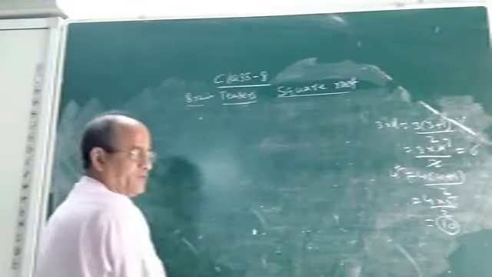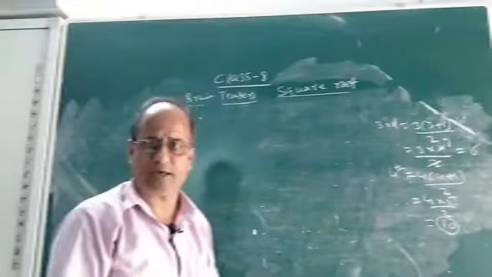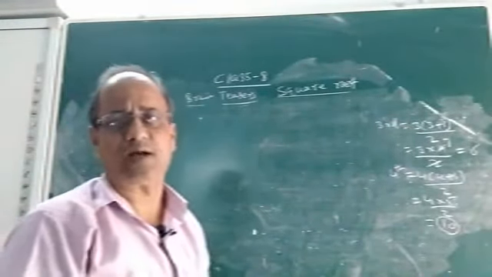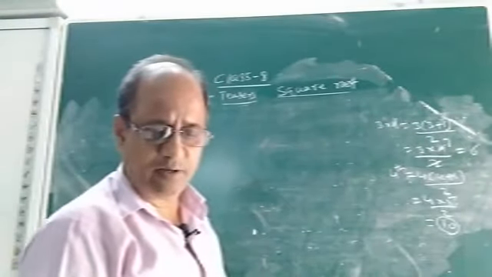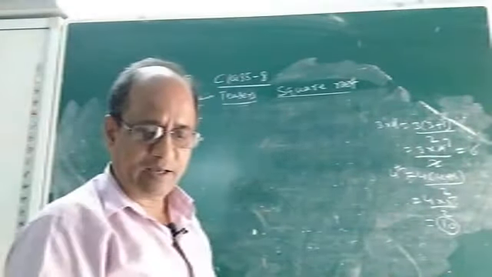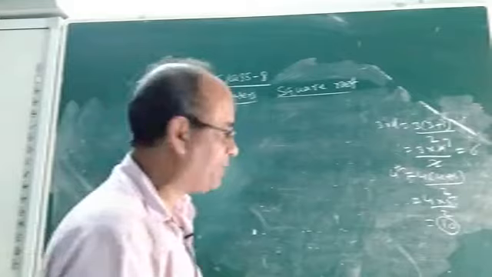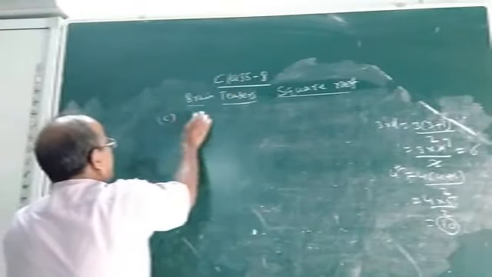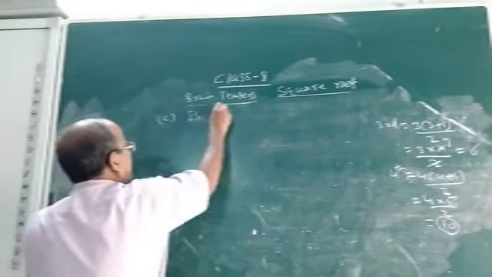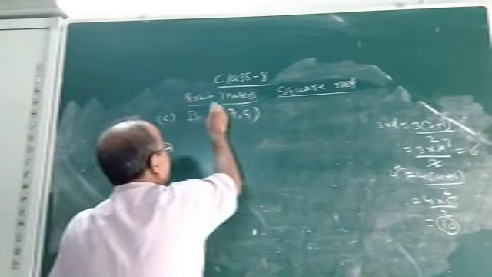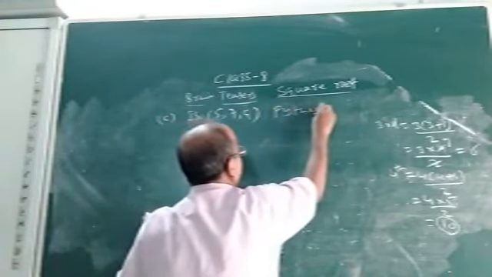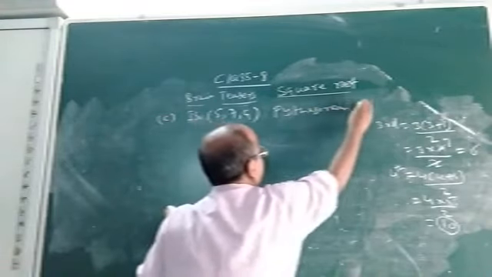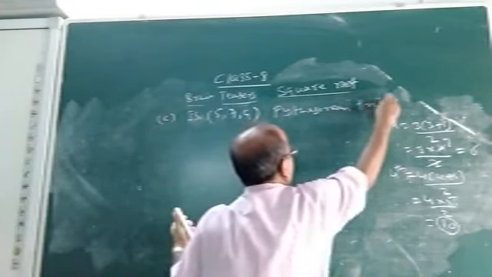These are the things we discussed in the class while discussing the chapter Square and Square Root. Here is an application question, question number 1B, part C. Is 5, 7, 9 a Pythagorean triplet? Is the triplet 5, 7, 9 Pythagorean? Let us see, yes or no.